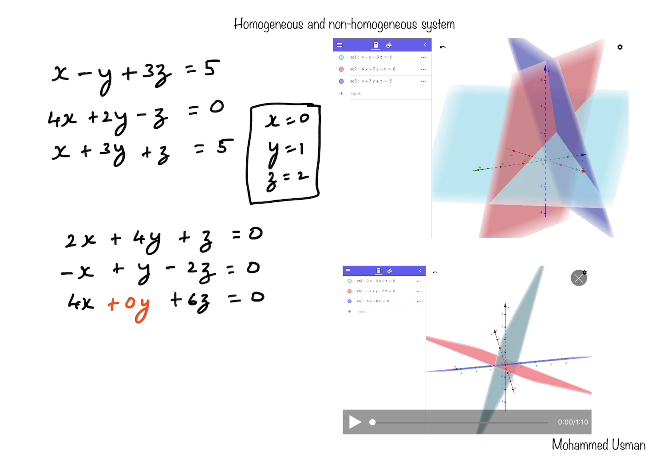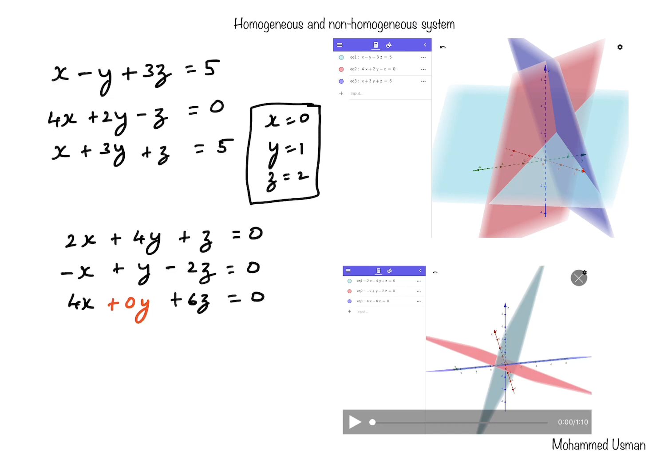Now, one thing I want to highlight today is that if we have a set of equations where the numbers to the right side of the equality are such that at least one of them is non-zero, then we call these equations non-homogeneous.